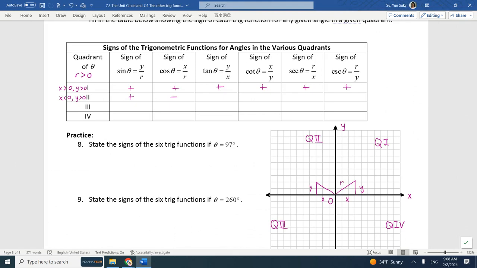Yes, y is positive, x is negative, so we get negative. Zach? X is negative, y is positive, so negative. Do you see cotangent? Because it's the reciprocal of the tangent, they have the same sign.